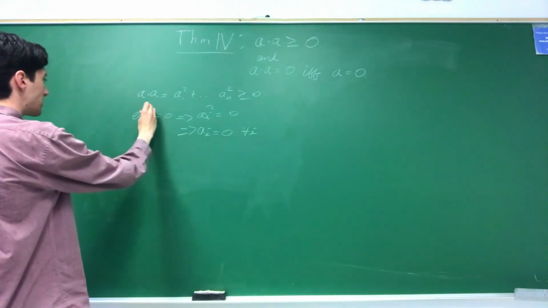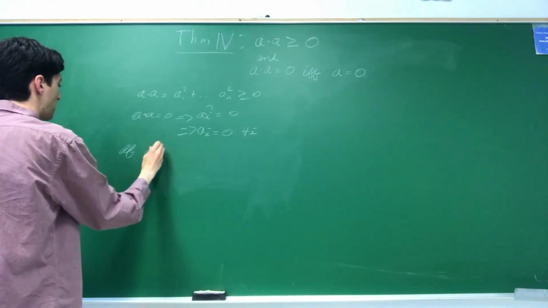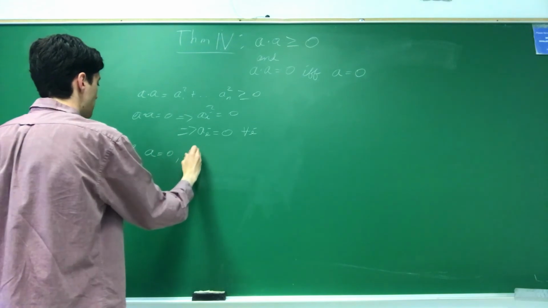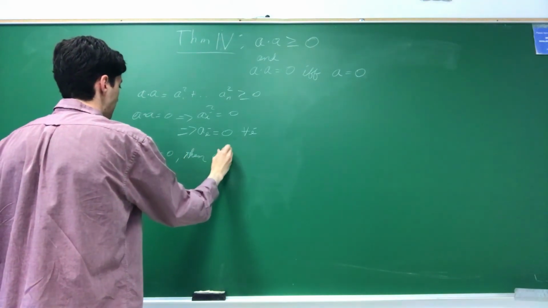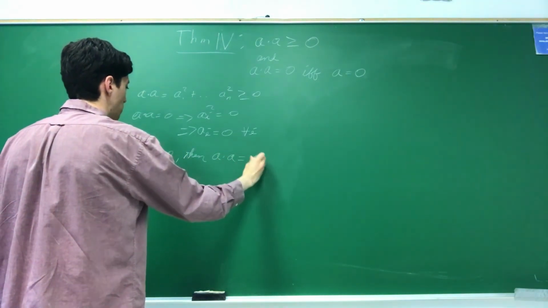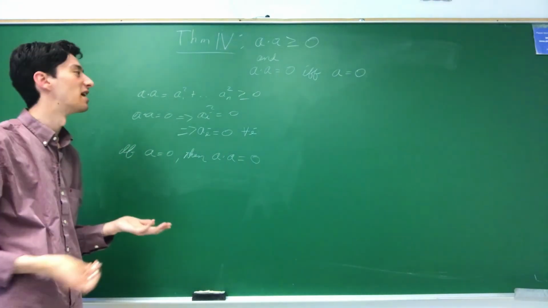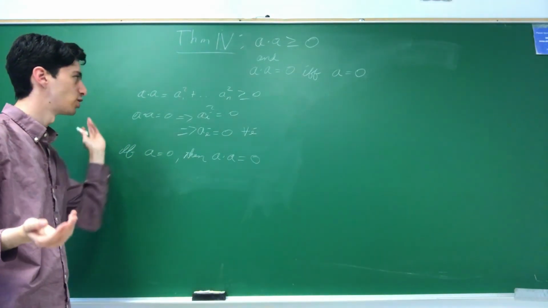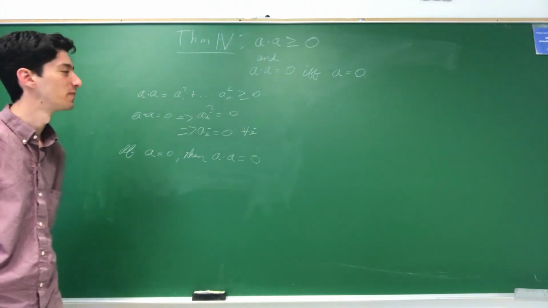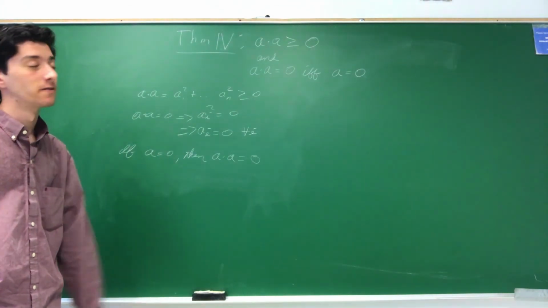And then similarly, if A equals 0, then A dot A will also equal 0, because each entry will be 0, and then it's just 0 squared plus 0 squared plus 0 squared. That shows the if and only if.